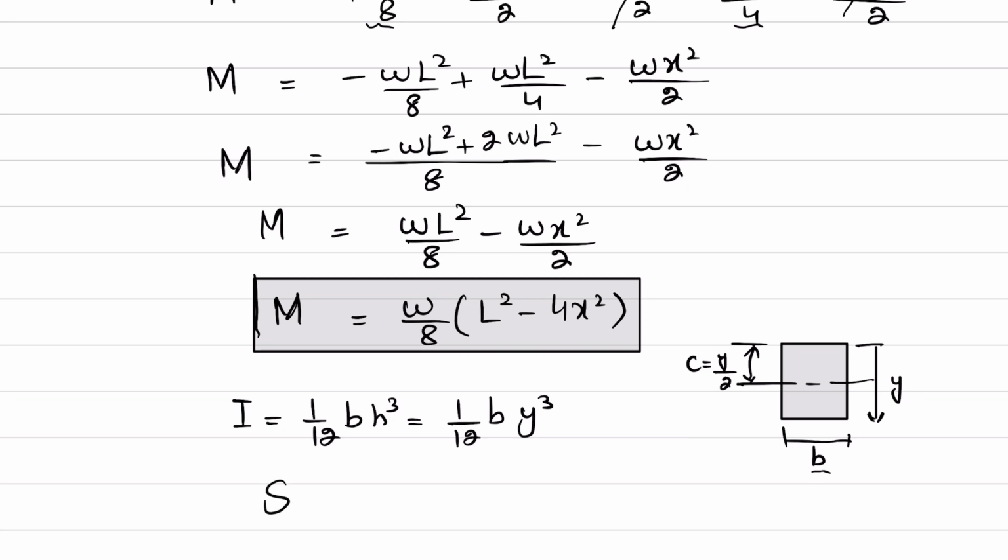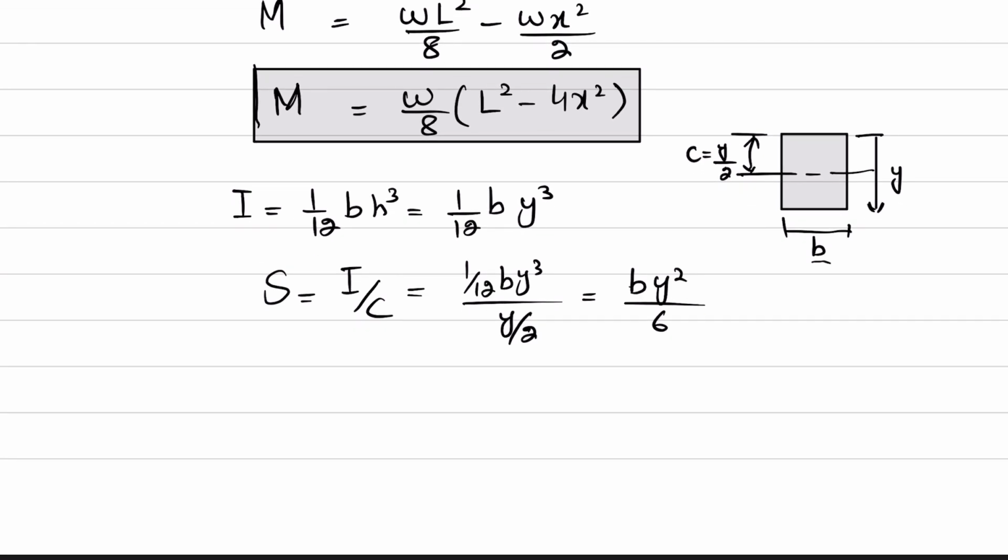So now section modulus S is equal to I divided by c. So we will write 1 over 12 b y cube over y by 2. Clear? And from here you will get section modulus equal to b y square over 6. Now you can apply bending stress. We know that bending stress sigma allowable is equal to moment divided by section modulus.